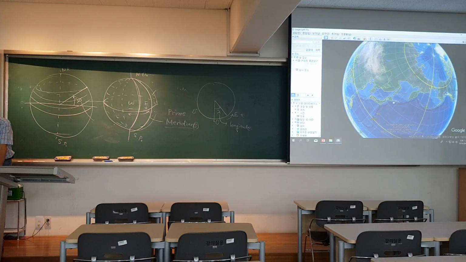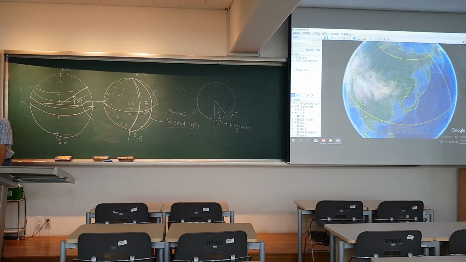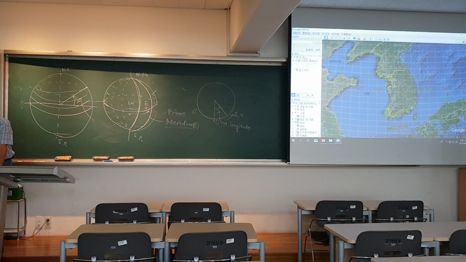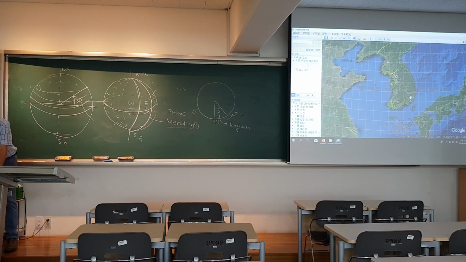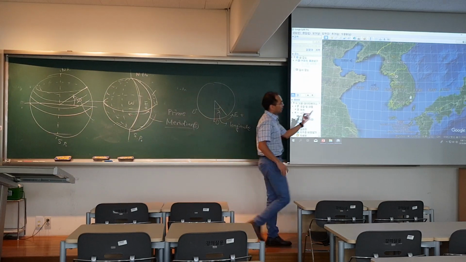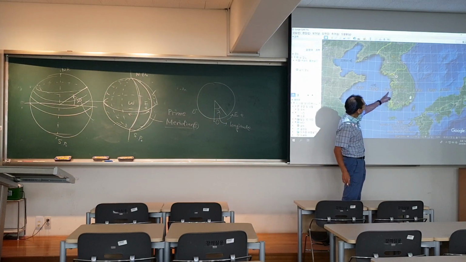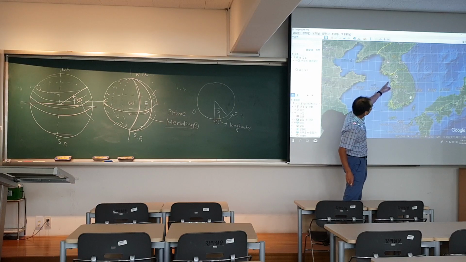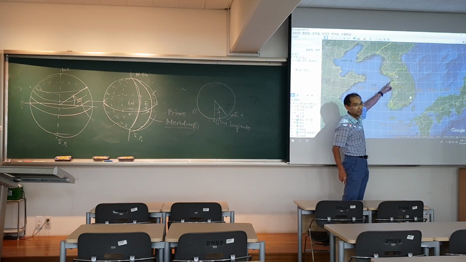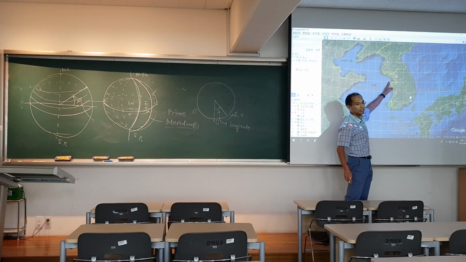And if you go to Korea, right here, so you are at this point. Let's say latitude 37, longitude 126. Maybe this is close to the Incheon International Airport. Now, from this coordinate, if your latitude increase, you are going directly north.